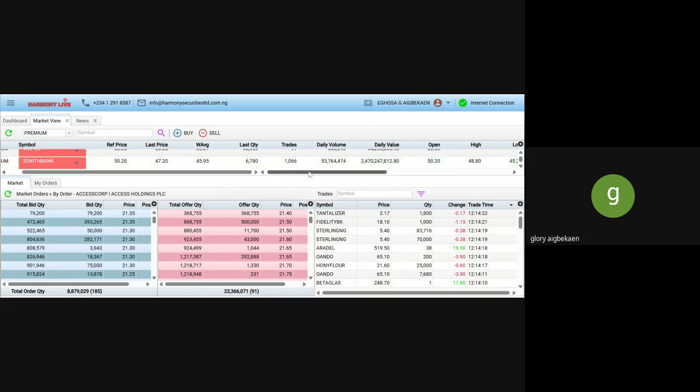Look at Zenith. Zenith has done 2.4 billion in value. This is serious. Yeah, really. They are mopping up the shares.